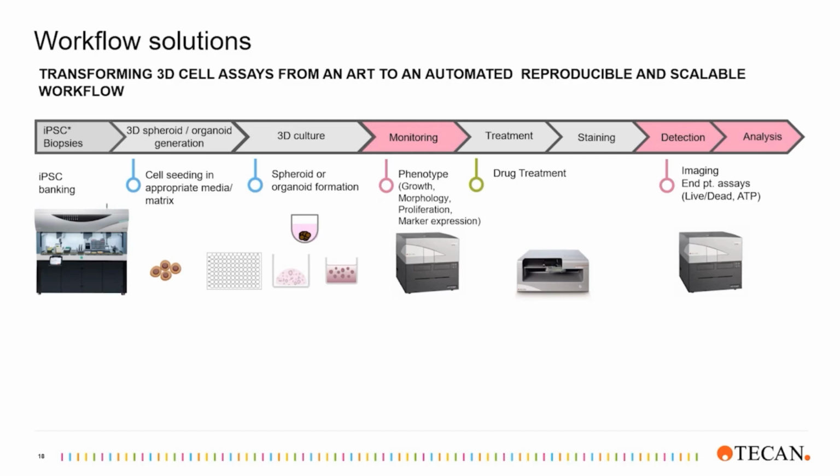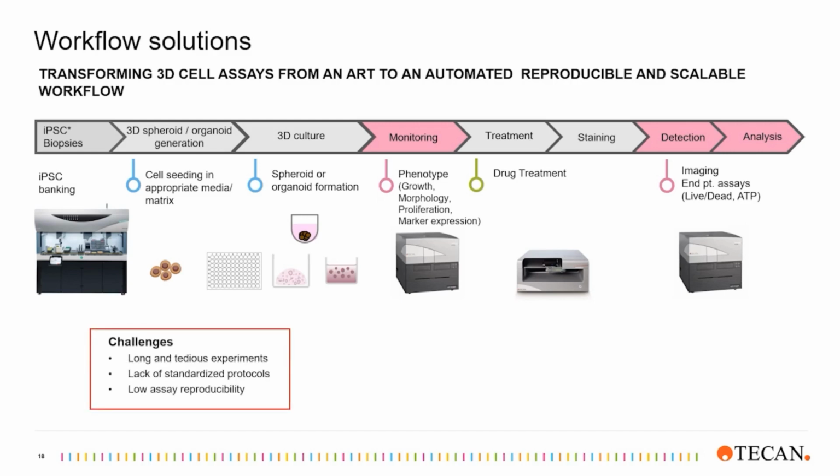The typical challenges of this workflow are the length of the development of the 3D model, the lack of standardization, and the low reproducibility. By using an automated system like the Spark Cyto for 3D applications, particularly in concert with the Fluent and D300e, these issues can be ameliorated, resulting in several benefits.